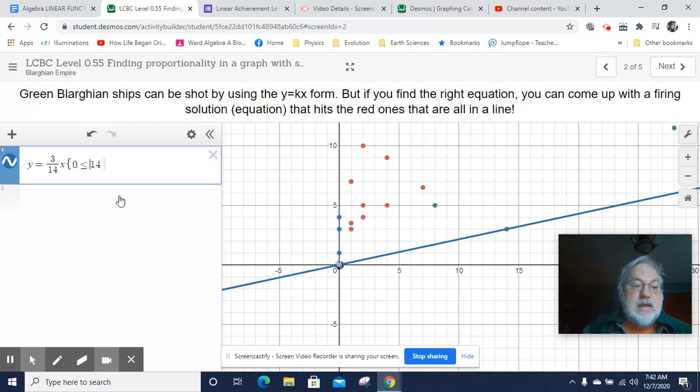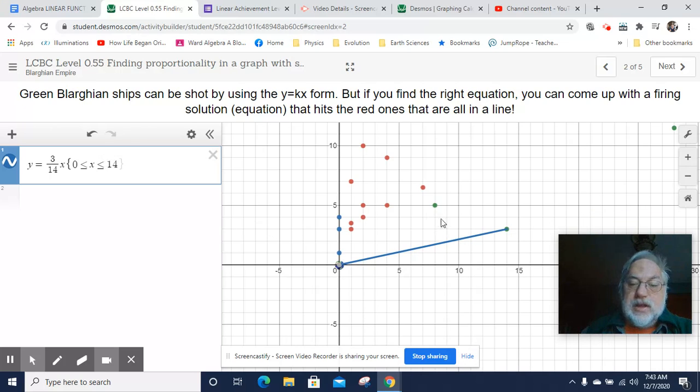Less than or equal to x is less than or equal to 14. That actually works, but what if you did it like this? Now, really, you're just saying x is greater than 0 and also greater than 14, so it's just going to be past 14. So that didn't work.